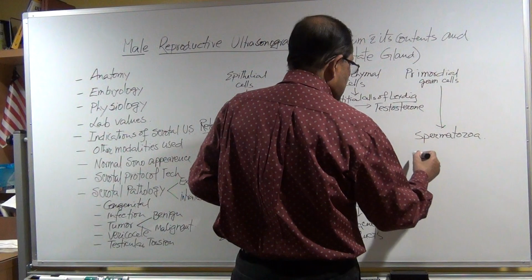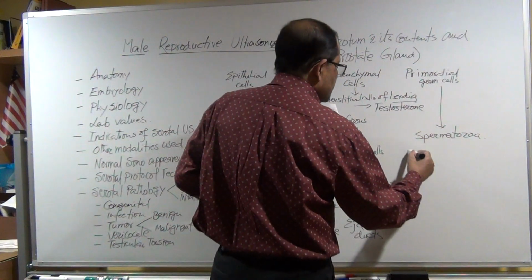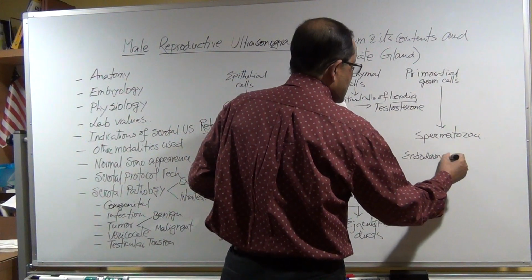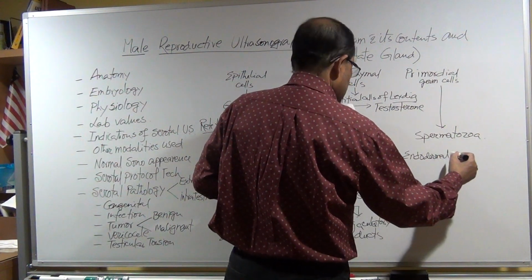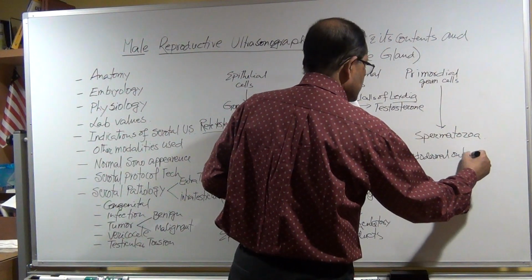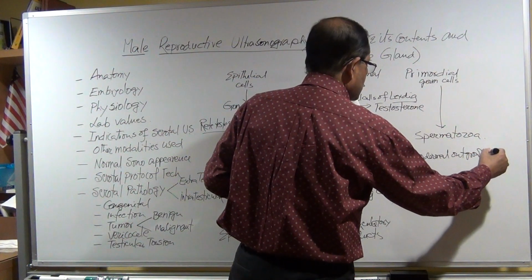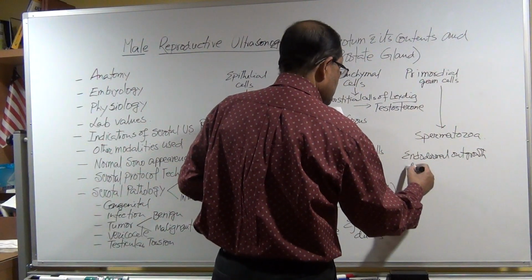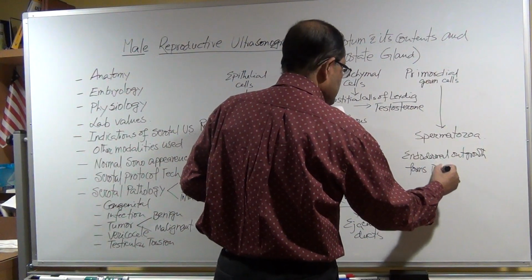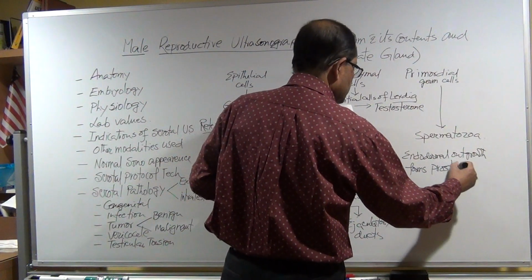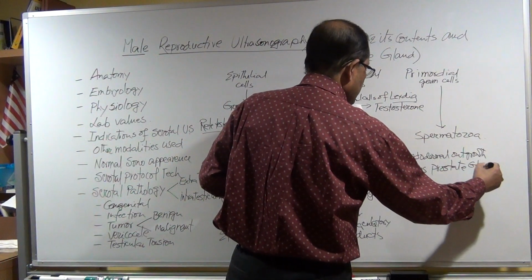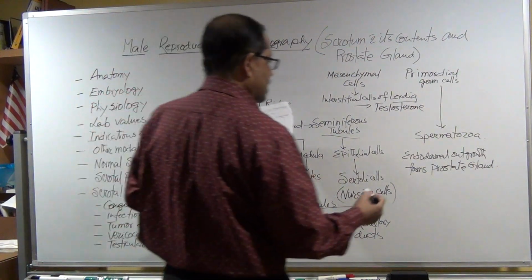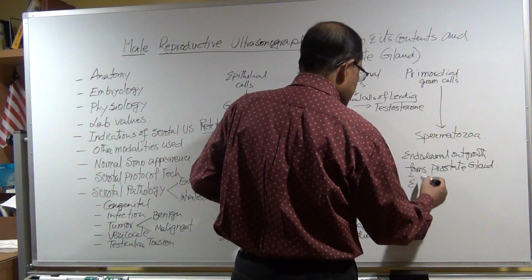That means endodermal outgrowth forms prostate gland, and the bulbourethral gland.